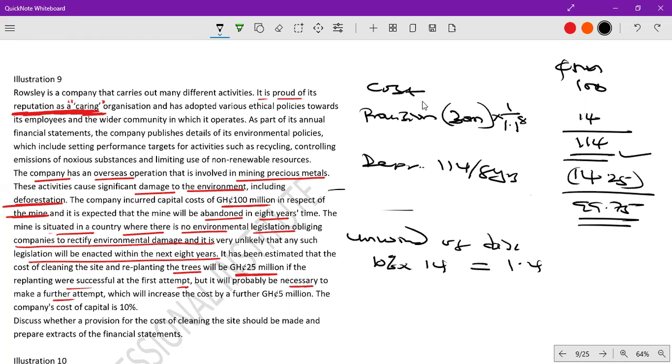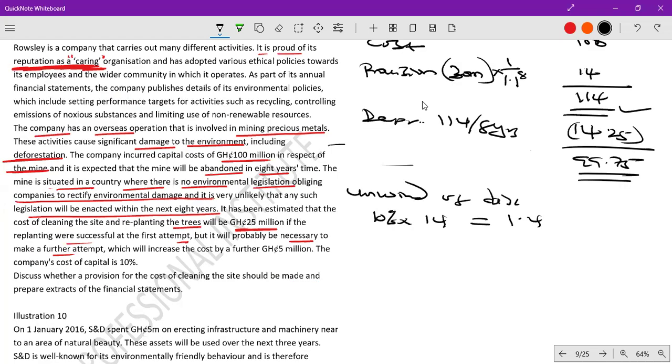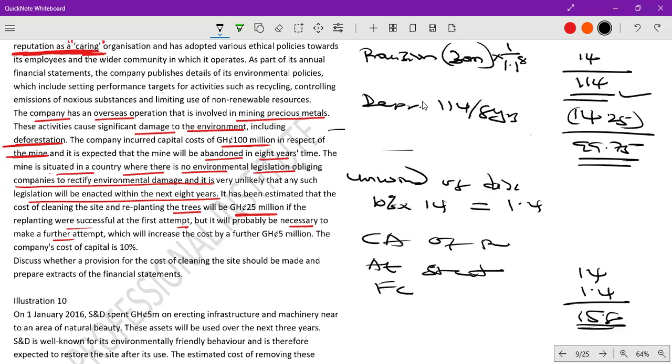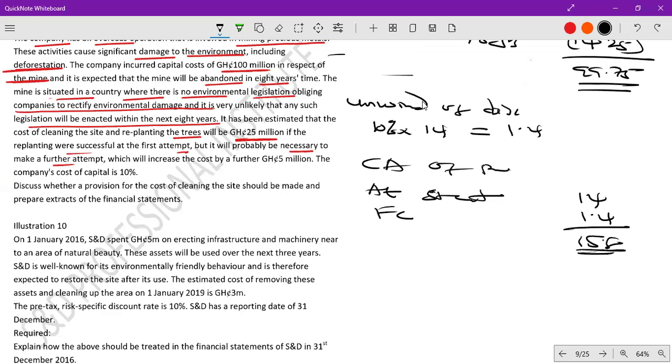So the carrying amount of the provision: the amount at start is 14, then the finance cost is 1.4, so this will be 15.4.